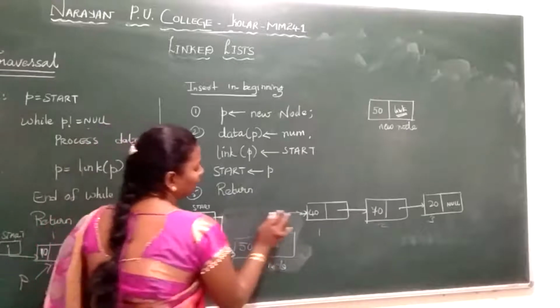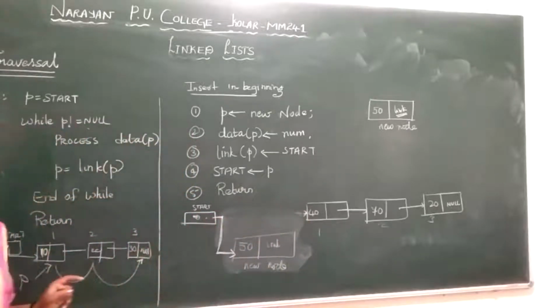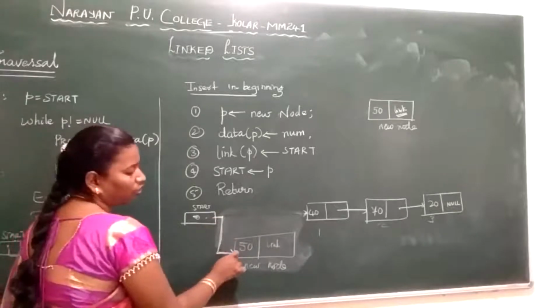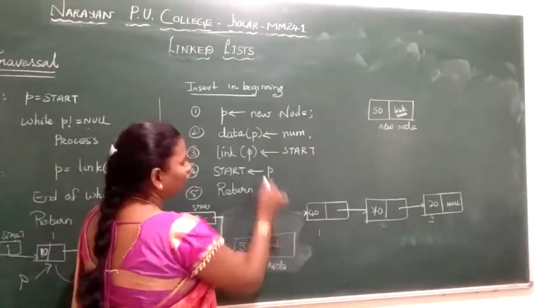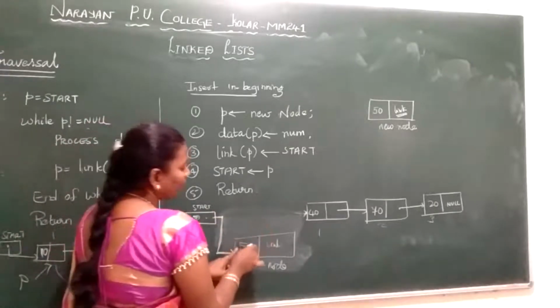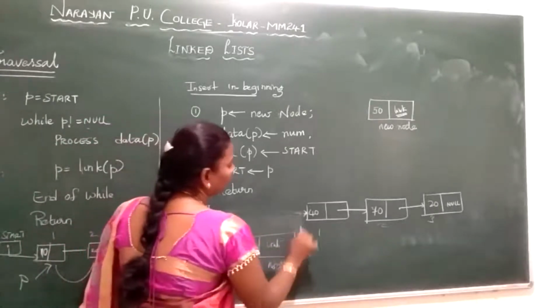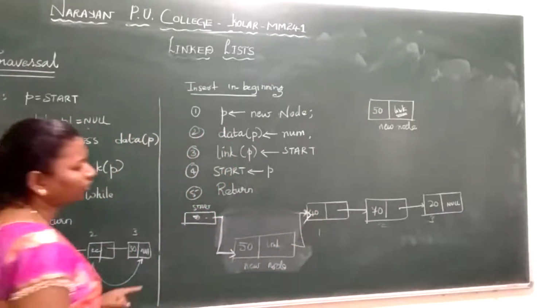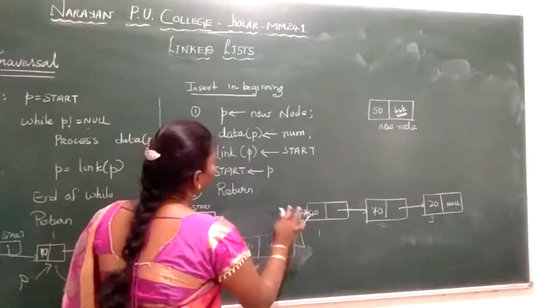While inserting at the beginning, I am removing this link. I am pointing to the first node, and this link of P I am giving to start, and this link field I am giving to the next node. I will remove this link.